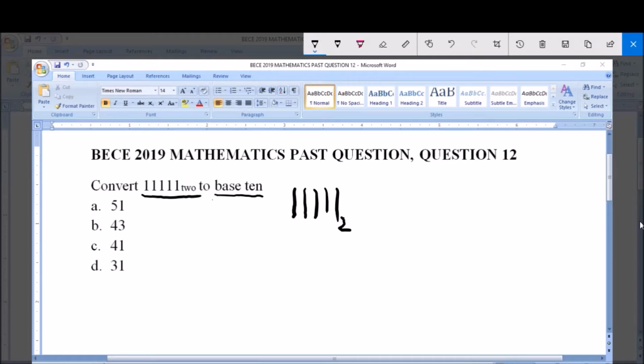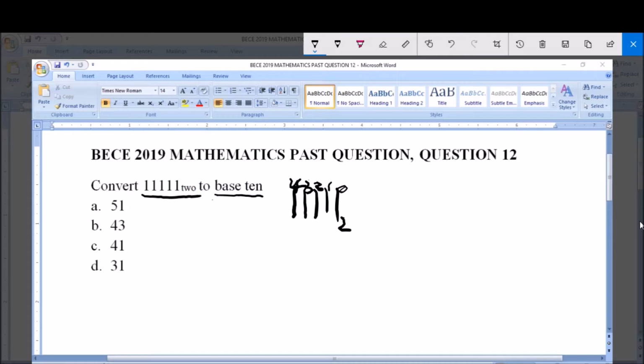The first number here, 1, has the power of 0, and you go from the right side towards the left. So you have 0, then 1, 2, 3, and then 4.